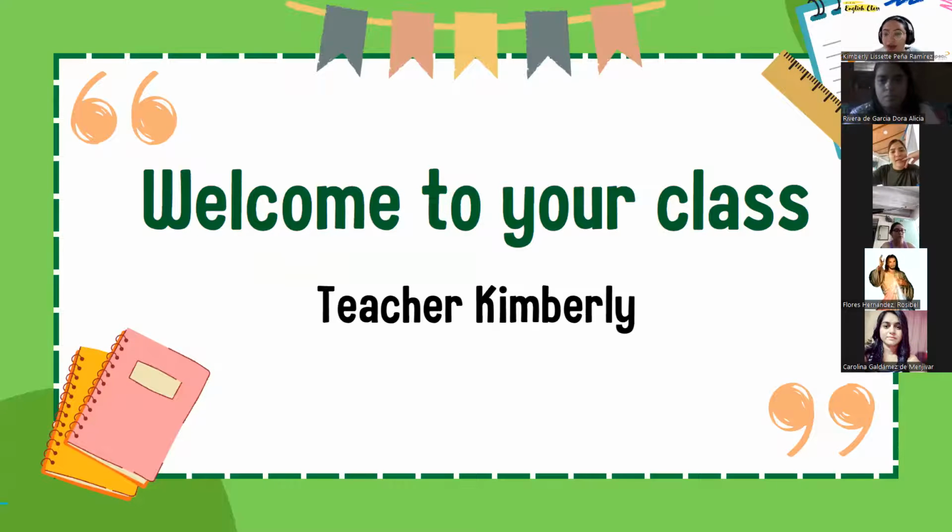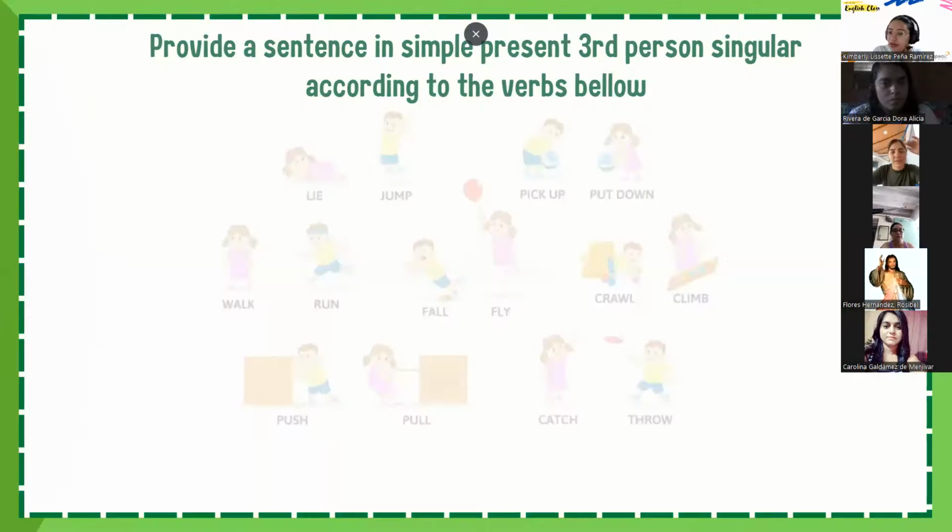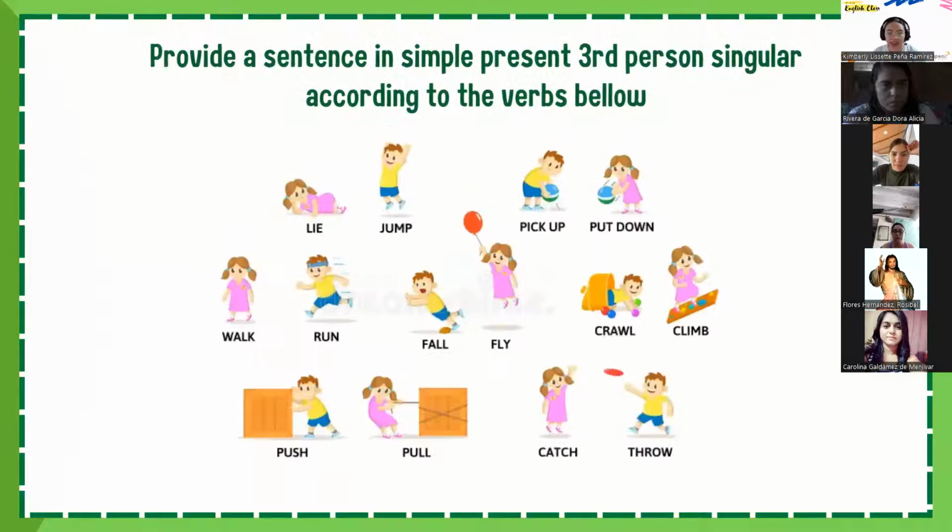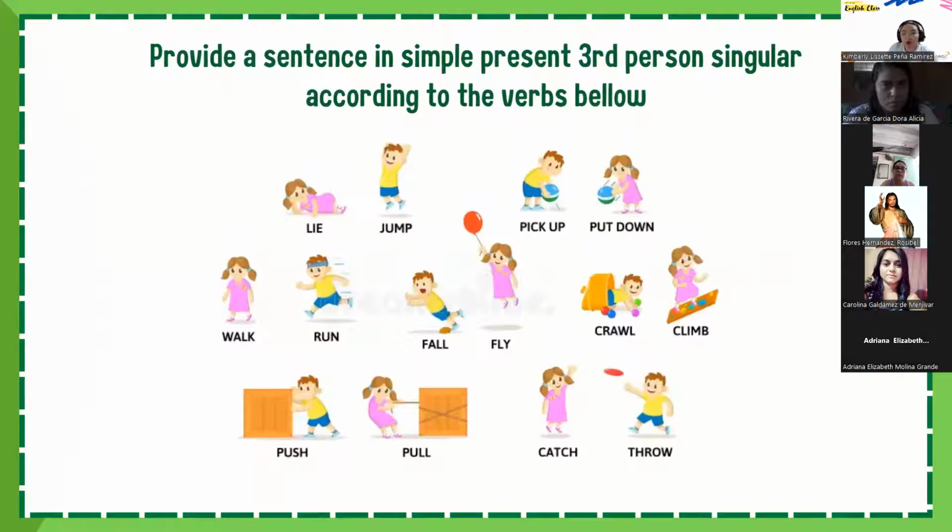So let's start. We will start with a quick warm-up activity. I want you to give me a sentence in simple present, third person singular, using one of the verbs here. Let's start with Dora. Dora, choose one of the verbs and give me one sentence, please.